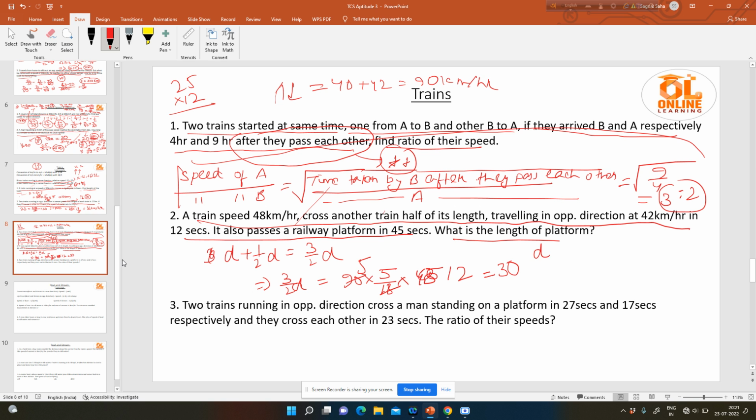So one train's length is 200 meters and the other train's length is 100 meters.